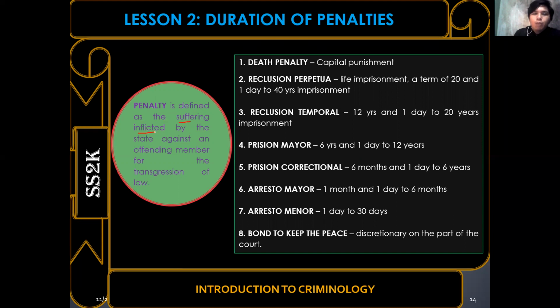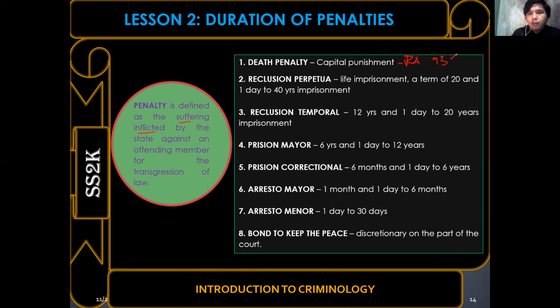Okay? But in revised penal code of the Philippines, which is the primary source of criminal law, no? We have death penalty. This is the capital punishment. Okay, capital punishment ito, no? Parusang kamatayan. However, this was already prohibited or suspended by Republic Act number 9346.